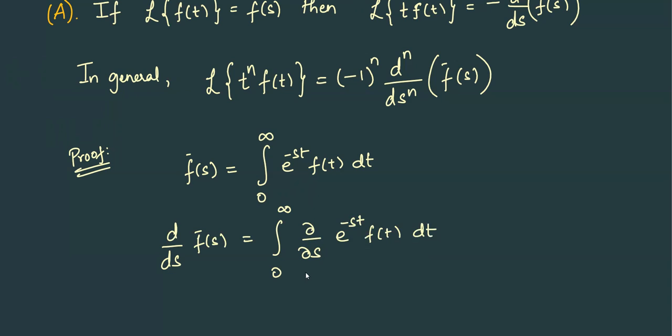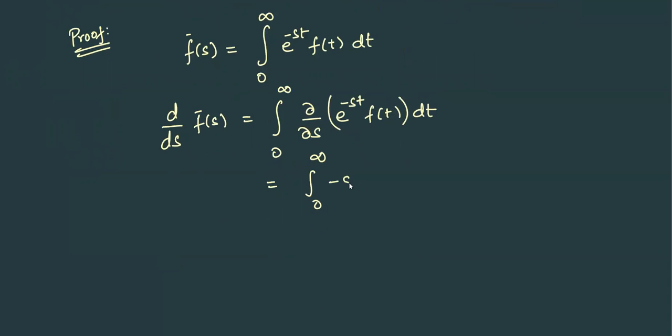So what we get is the integral from 0 to infinity of minus t, since we are differentiating with respect to s, t is like a constant, times e power minus st f of t dt. So this is minus the integral from 0 to infinity of e power minus st into t times f of t dt.